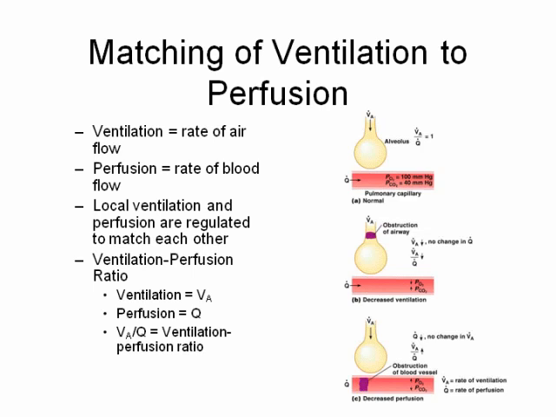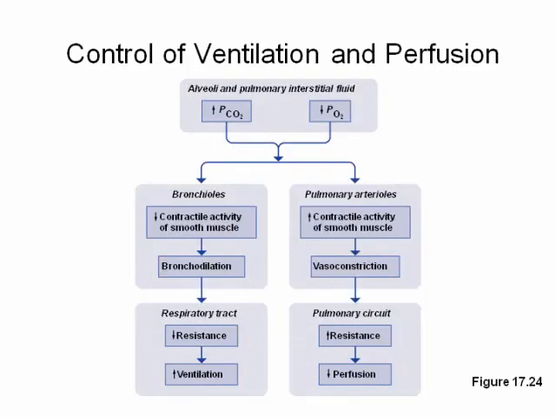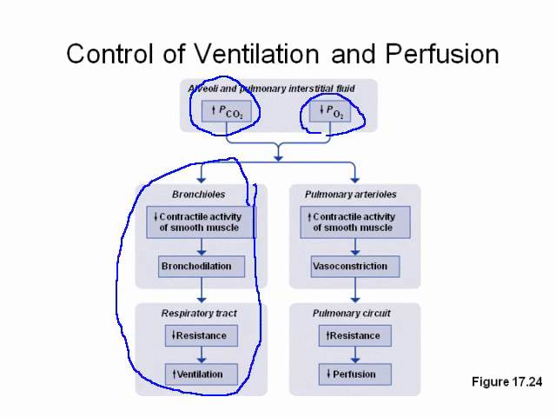Suppose rather than an extreme complete blockage, you have a reduction in blood flow here. That is consistent with what we're talking about here, that CO2 would increase, oxygen would decrease, and it would cause these responses that we just talked about in the bronchioles, that it will cause a relaxation of the smooth muscle in the airways, causing bronchodilation, which is going to decrease the resistance to airflow, increasing ventilation, as a way of trying to get more gas there to participate in maximal exchange with that amount of blood.